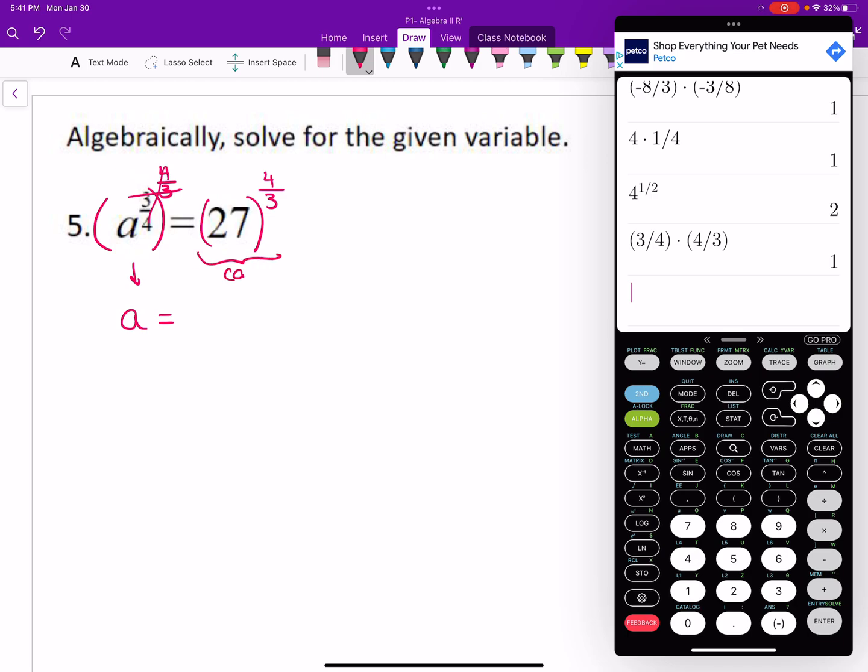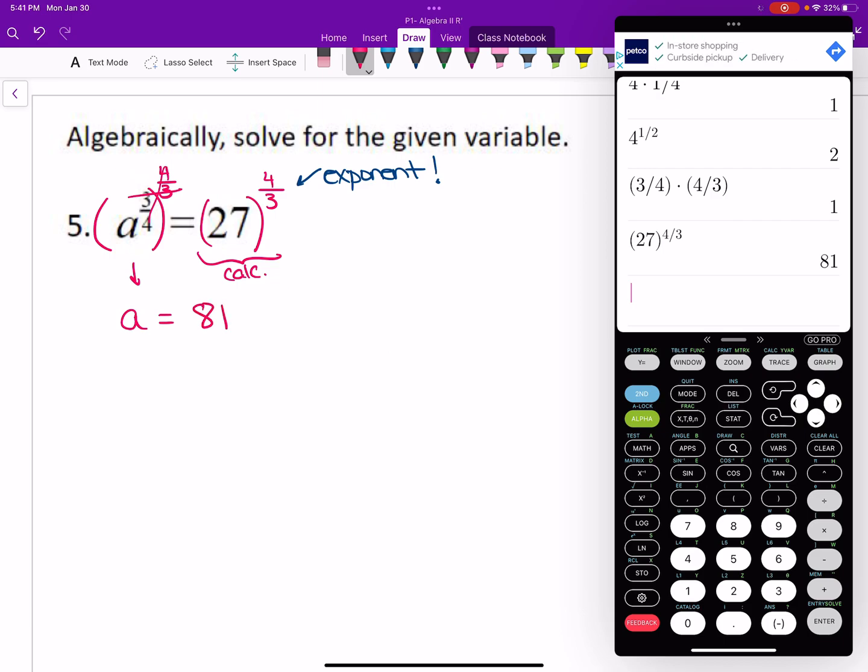For the other side, you're going to just type this right into your calculator. Make sure that you are using that as an exponent and you are not multiplying 27 by 4/3. So here we should get 81.